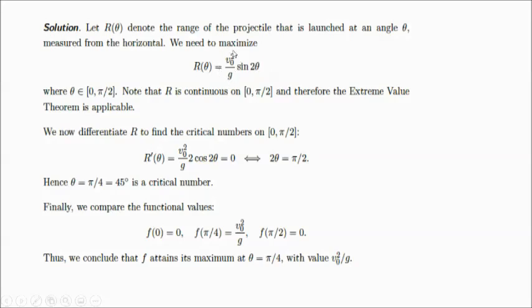So therefore, this is the answer. It means this is the maximum range that we can get. So therefore, it is correct that the maximum will be reached when theta is equal to pi over 4 or 45 degrees. Okay? Again, we got that using the extreme value theorem, which is that when it is continuous, we can get the critical number, where the extreme value is, which is the maximum in this case.